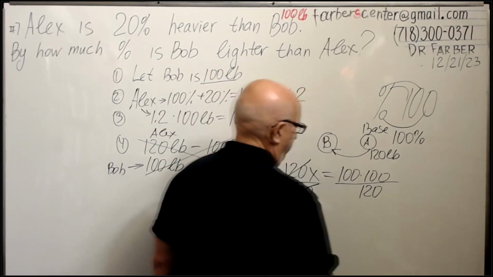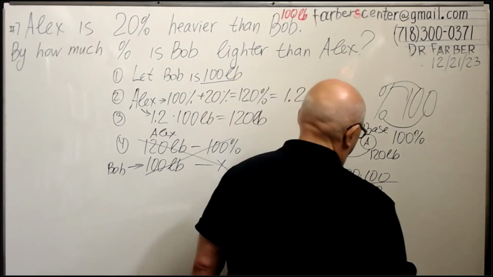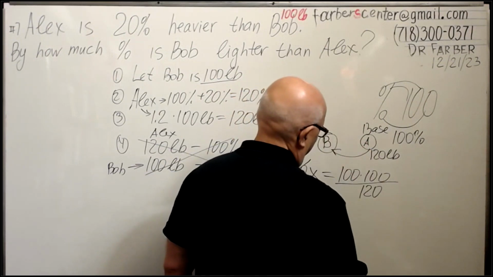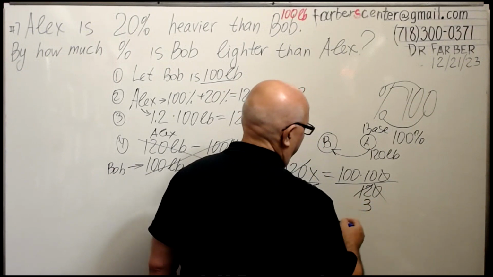Now, what can I divide by? I can divide by 4, let's say. Cross it out. Divide by 4, it will be 3.